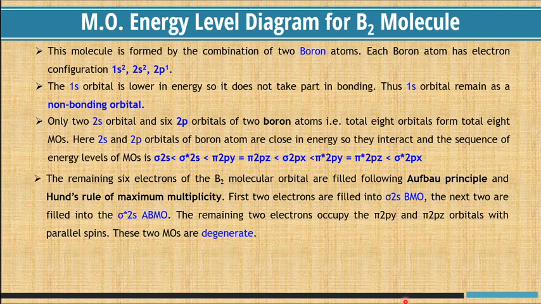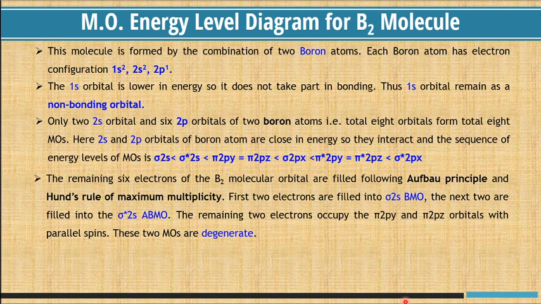The remaining 6 electrons of the B2 molecule are filled following the above principle and Hund's rule of maximum multiplicity. Two electrons are filled into the sigma 2s bonding molecular orbital, and the next 2 electrons are filled into the sigma star 2s anti-bonding molecular orbital.